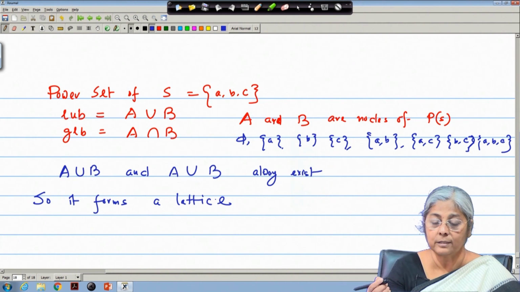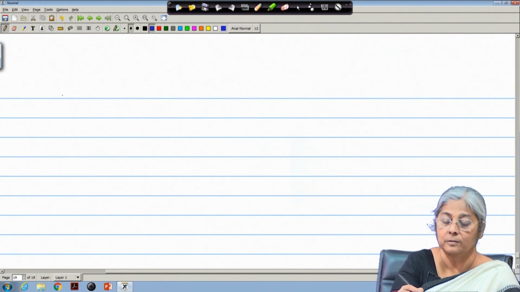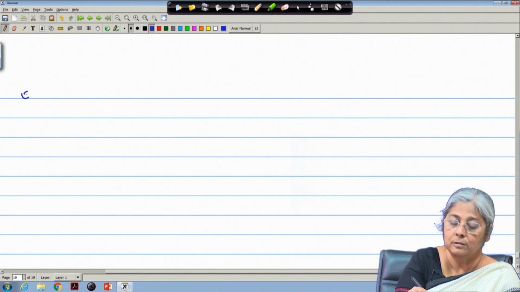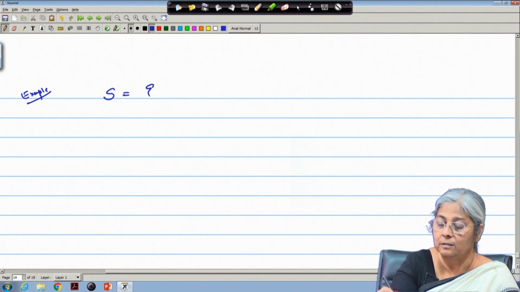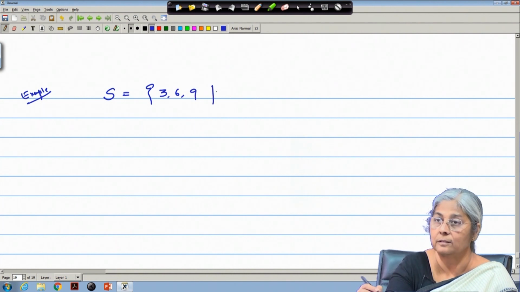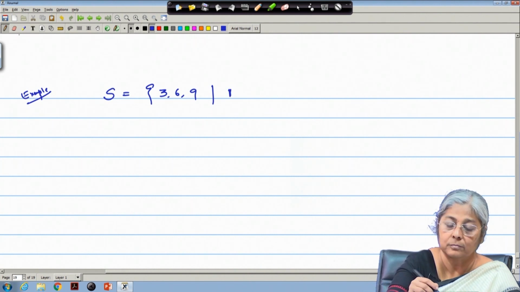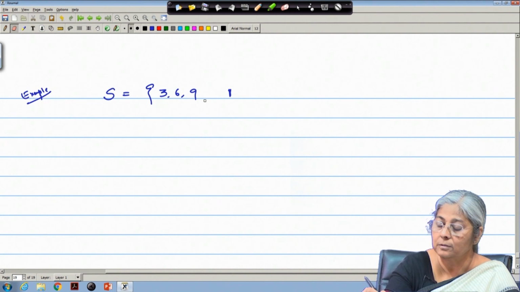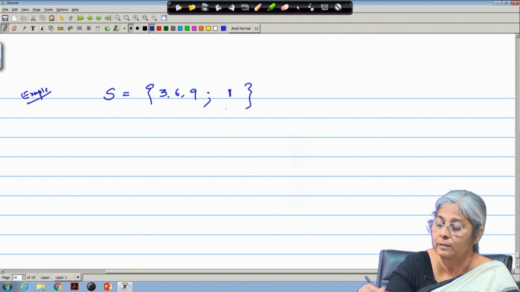Some other examples that we have seen, say divisibility. If we consider some set S, say 3, 6, 9, and the relation is divisibility, this is a poset.